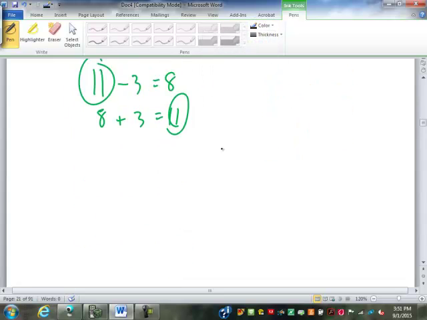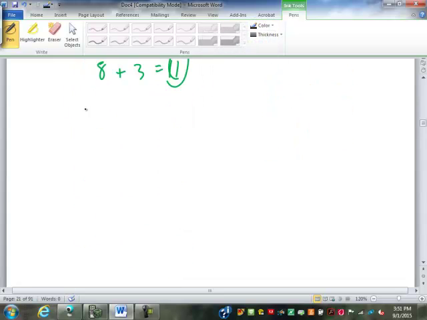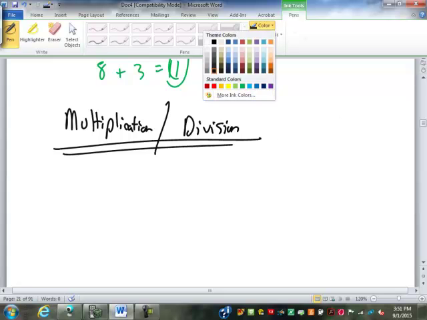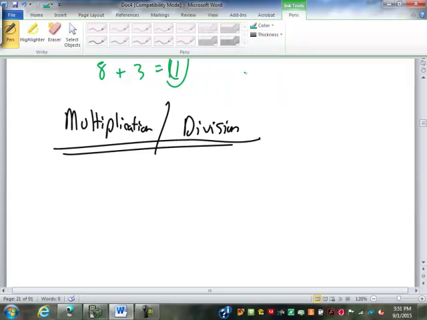Well, multiplication and division are also inverses. We talked about them being the same operation, where division with our fractions is going to become multiplying by the reciprocal and stuff like that. So once again, they're inverses.